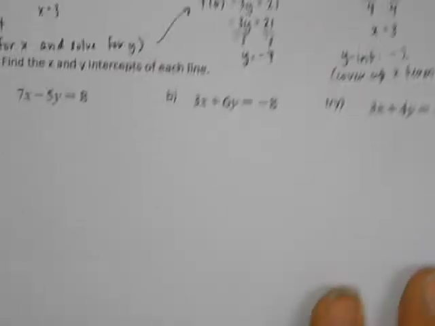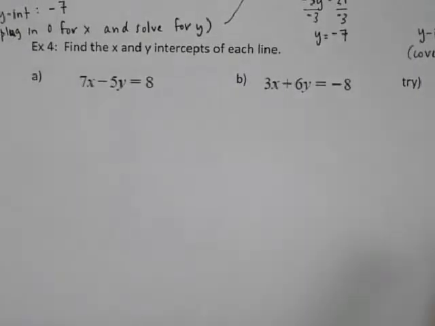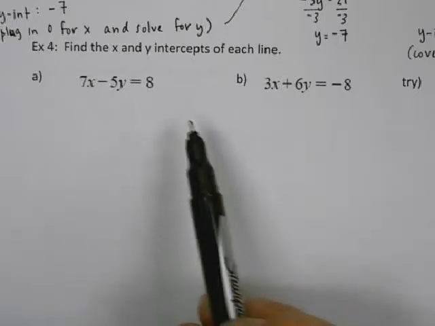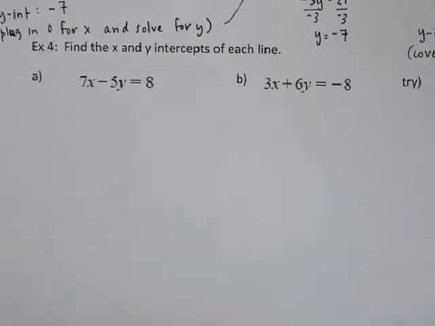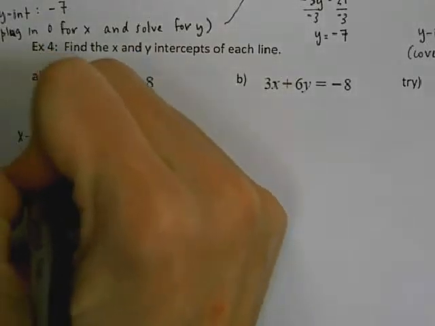Now, I'm not going to spend a lot of time on the next group, because I don't want the video to go too long. But I just want to look at these equations here. So we're still finding the x and y intercepts, and really the only difference here, the process is going to be the same, it's just that they're not going to work out quite as nicely as the other ones. So for example, let's find the x-intercept.